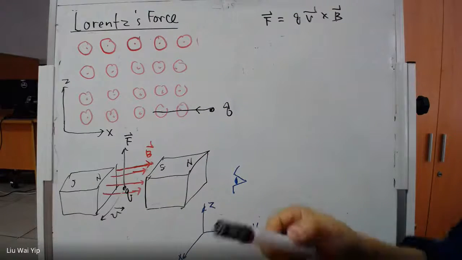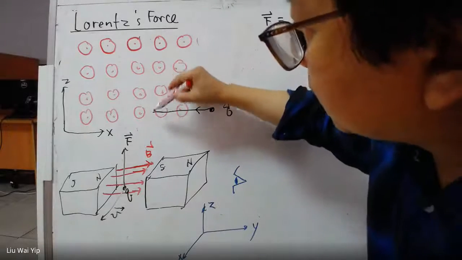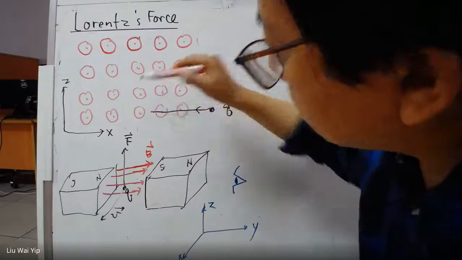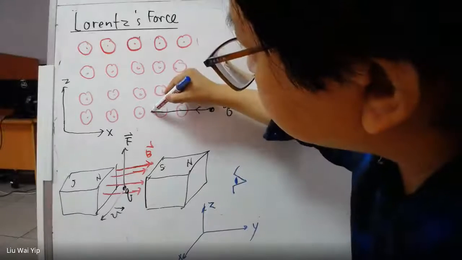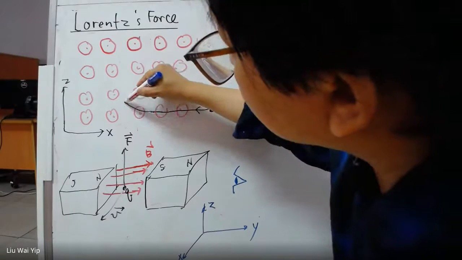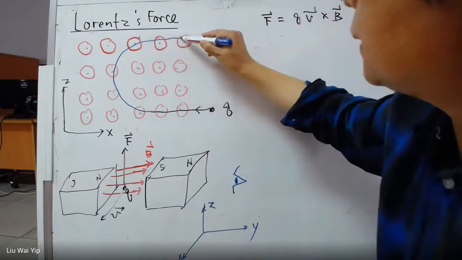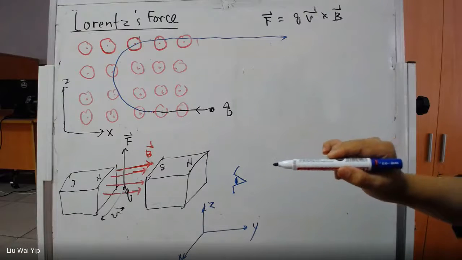So the actual movement locus will go this way, circular, and then bounce back.